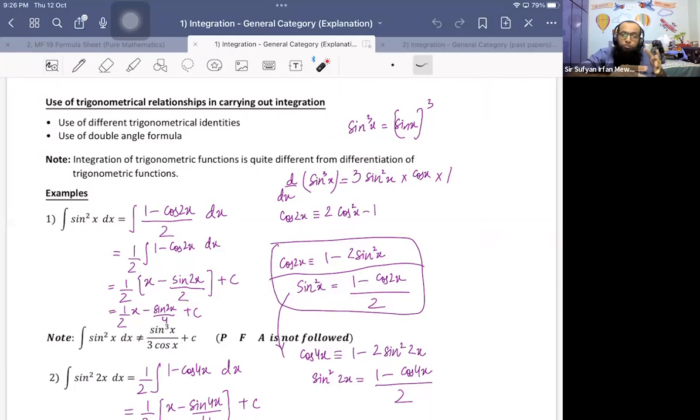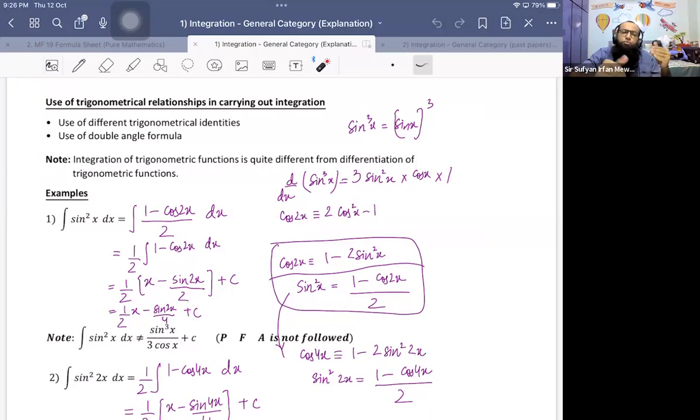In integration, general category, there will be a lot of questions in which the first part will be proving a trigonometric identity. Proving will not be that difficult. You can prove it easily. But then you have to use that identity in part number 2 to integrate. So this means now we have to use trigonometrical identities to integrate.